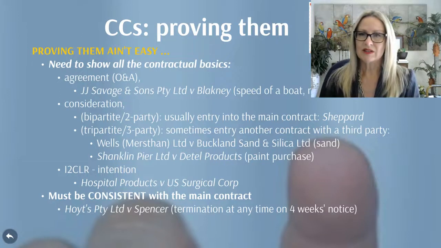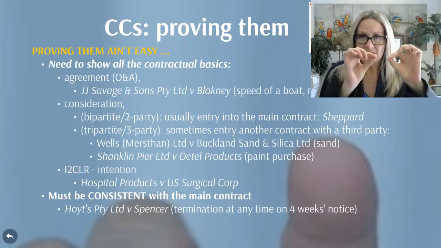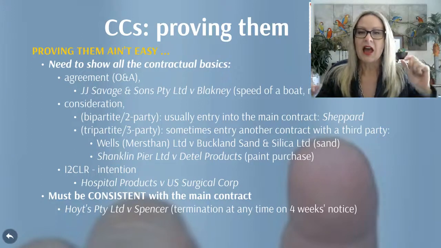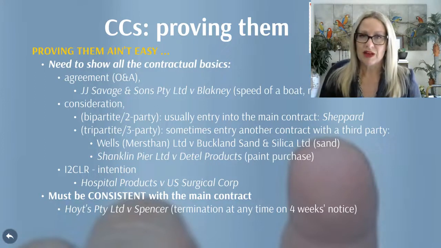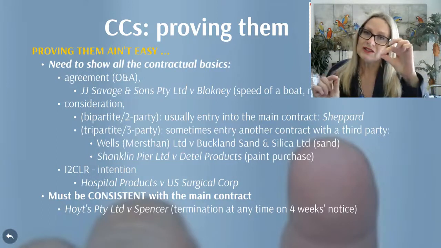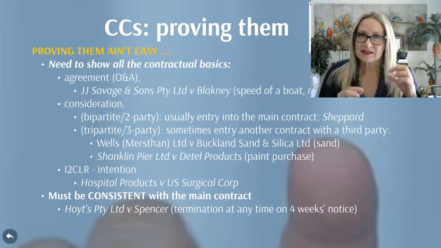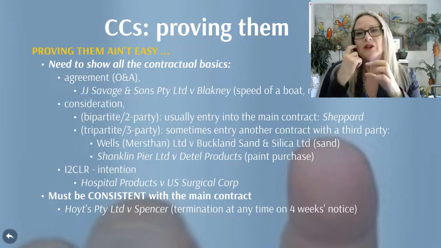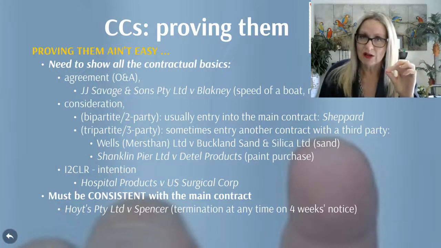That principle was established in Hoyts and Spencer, and so in that particular case you had a head lease, lessor, lessee, and then the lessee of the head lease subleased to a sublessee, and in the lease between the lessee and the sublessee, it provided that the lease could be terminated at any time on 4 weeks' notice. However, in discussions between the parties prior to signing off on that term, the sublessee had discussed the matter with the lessor, and they said, well, no, we won't actually exercise that right to terminate unless the head lease is terminated as well.